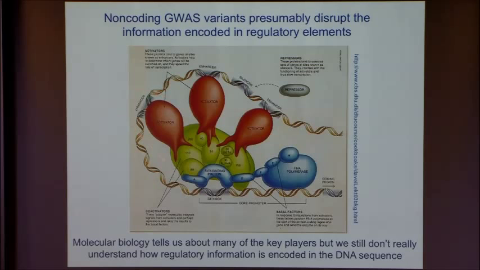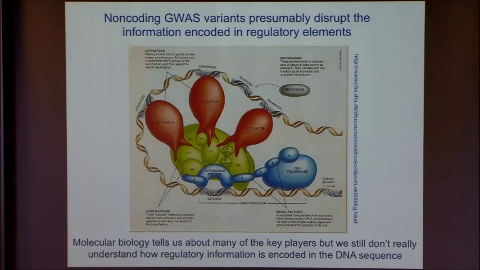This machinery relies on DNA sequences that encode specific information, both close to the transcription start site as well as at more distant locations, many of which are called enhancers. Presumably, variants that are affecting complex traits, but not directly through proteins, in many cases will be affecting the function of these kinds of regulatory elements.